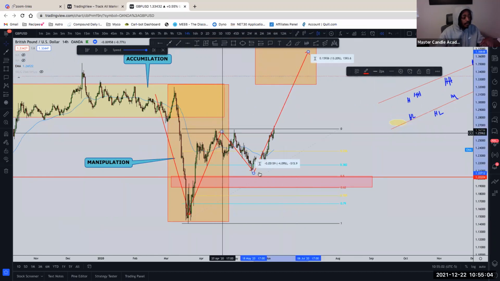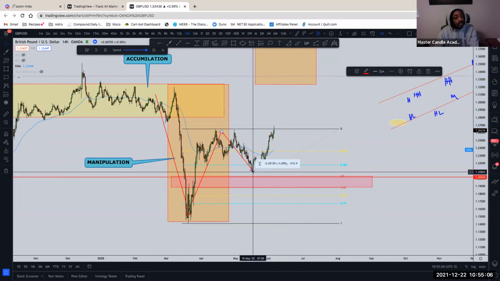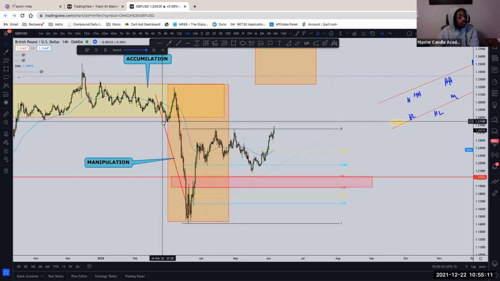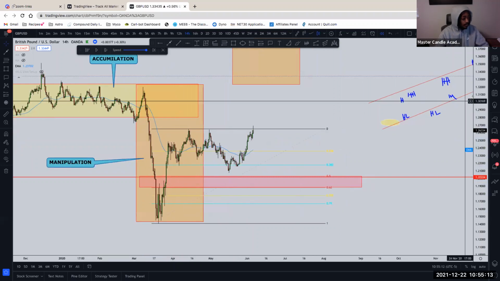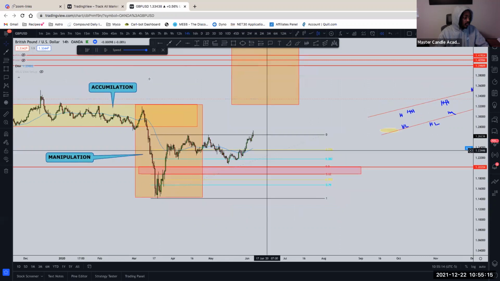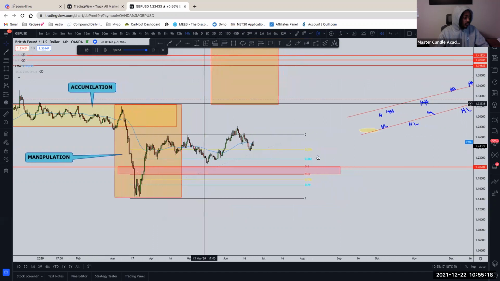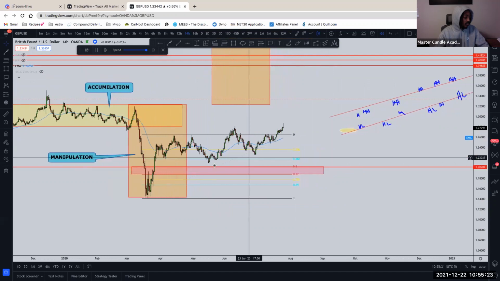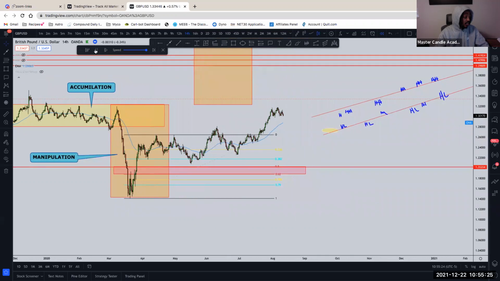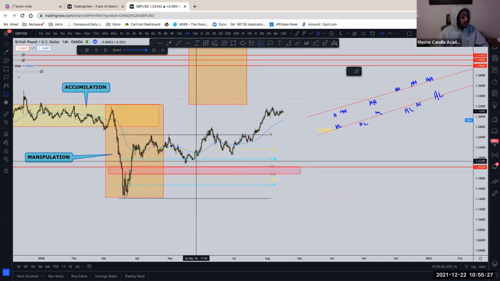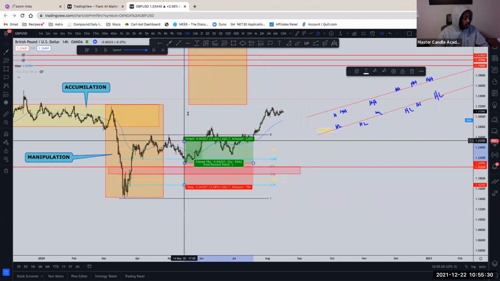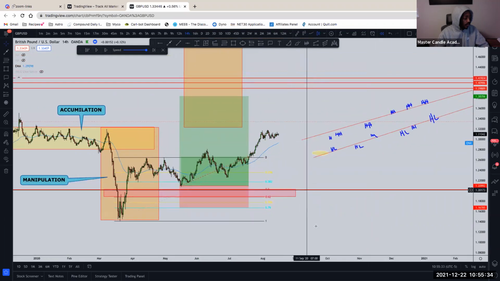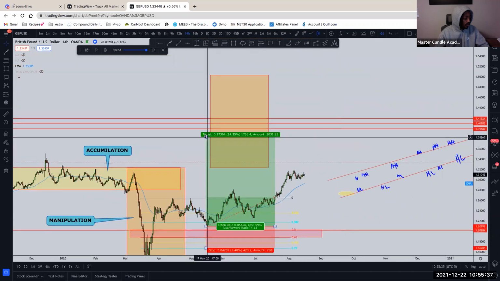All right. After the manipulation comes the distribution. If this was our entry point in the market, price has never retraced, right? Let me just show you visually. And again, my TP is a measured move.